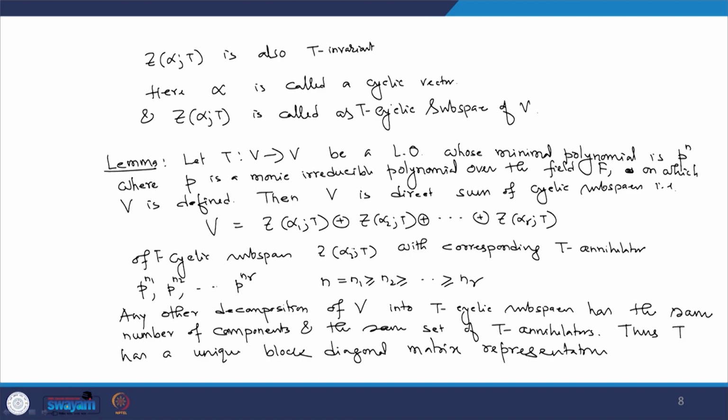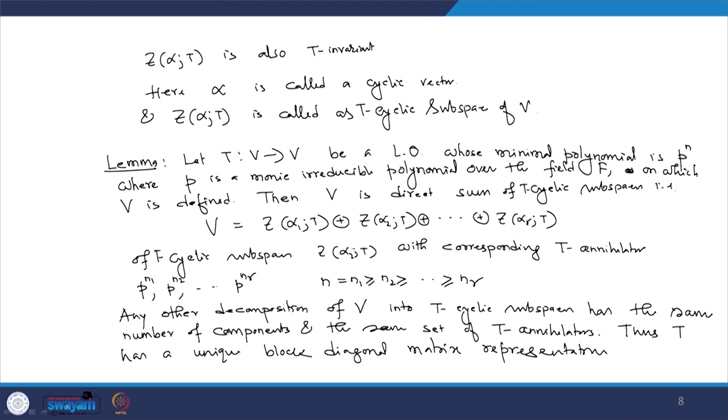Then V will have a direct sum decomposition of T cyclic subspaces. I mean there will be some vectors alpha 1, alpha 2, ..., alpha r such that V will be exactly equal to Z(alpha 1, T) direct sum Z(alpha 2, T) direct sum ... direct sum Z(alpha r, T).